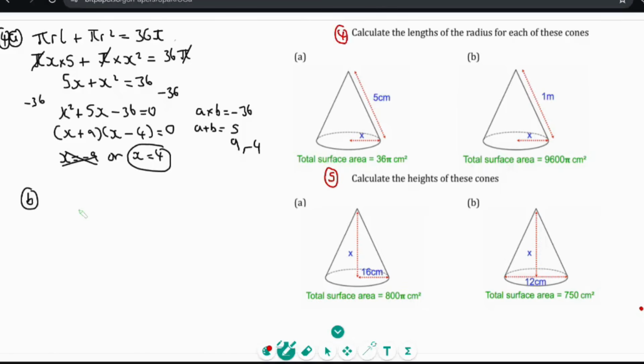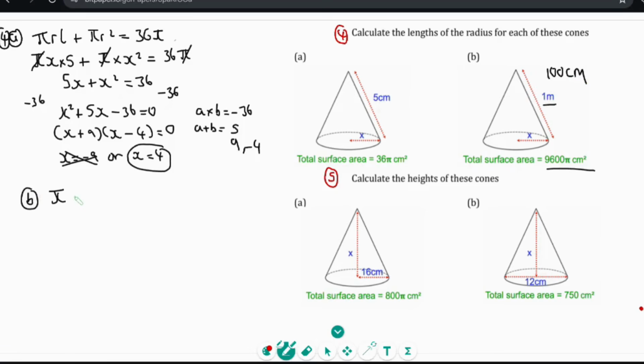Okay, part B. Let's just see here. You notice this is in centimetres squared for the surface area, but L is in metres. Let's change them both into metres, I think. Well, no, you've got to be careful because that's an area. I'm going to change them both to centimetres.